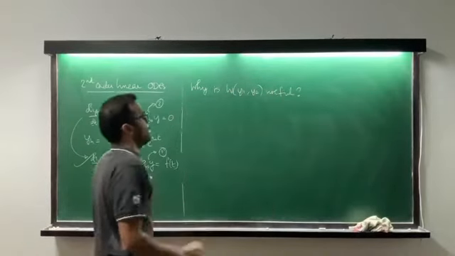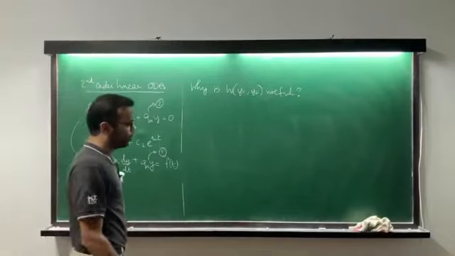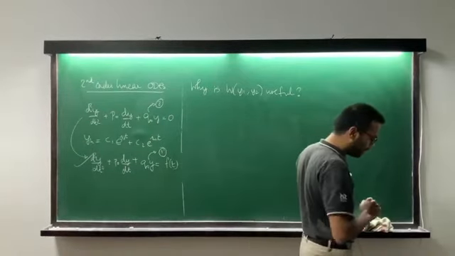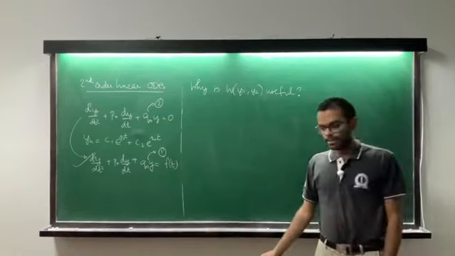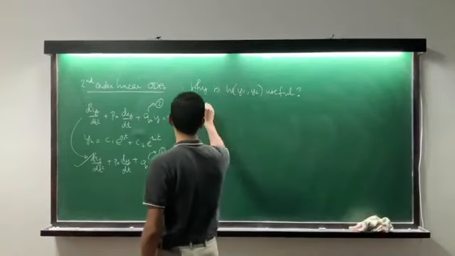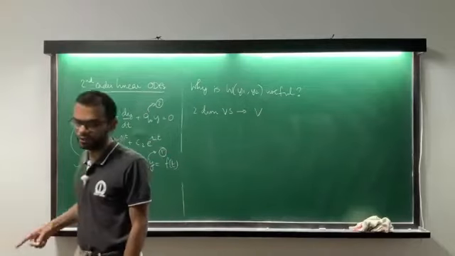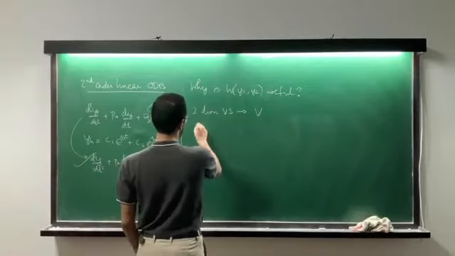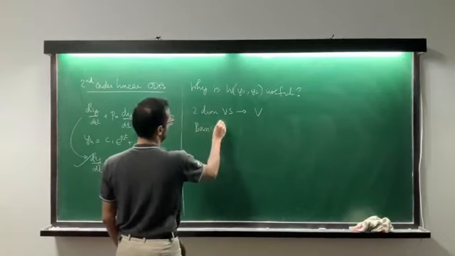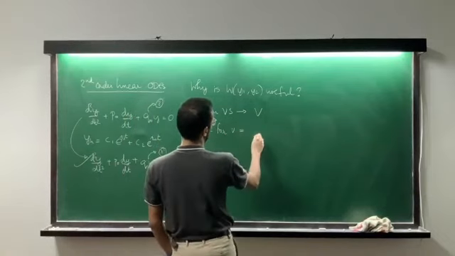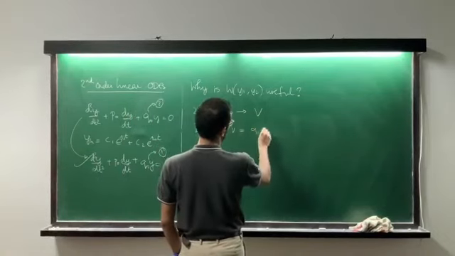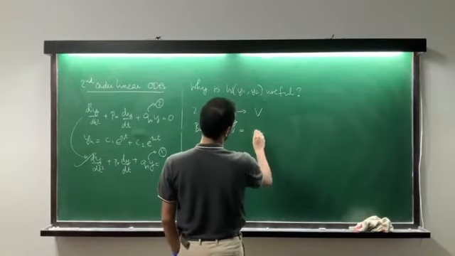Okay, and the reason is the following. If I had a two-dimensional vector space, we call this V. V is a two-dimensional vector space. So to get a basis for V, I need two linearly independent vectors, V1, V2.